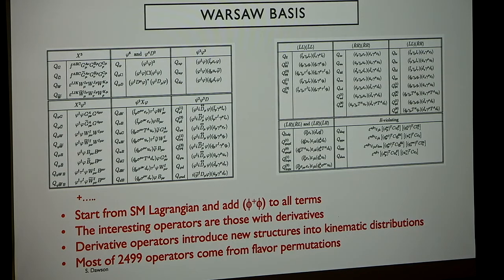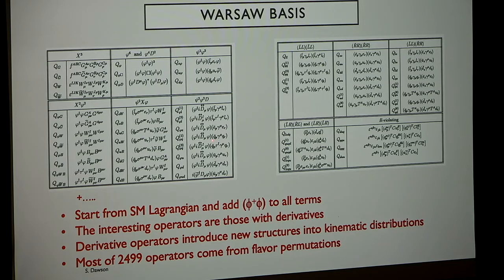Let's see here. Yeah, so most of these many operators come from flavor. If you just look at one generation, you have way fewer operators. In this table, you can see that they didn't put in the left-handed index just for simplicity. So L bar is the left-handed doublet, and Q bar is the left-handed doublet.